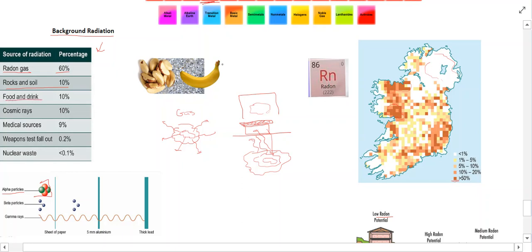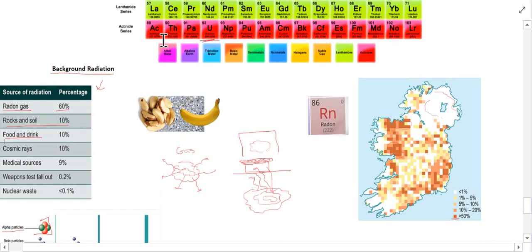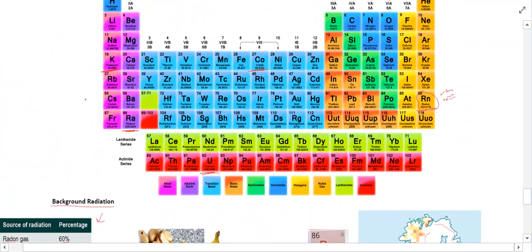So if we think about, for example, potassium. If you take the element potassium on the periodic table, there are isotopes of potassium that are radioactive, and as a result, they give off radiation. Some of the isotopes of potassium just spontaneously break down, and their nuclei are unstable. Some of the isotopes of potassium have a really, really long half-life.